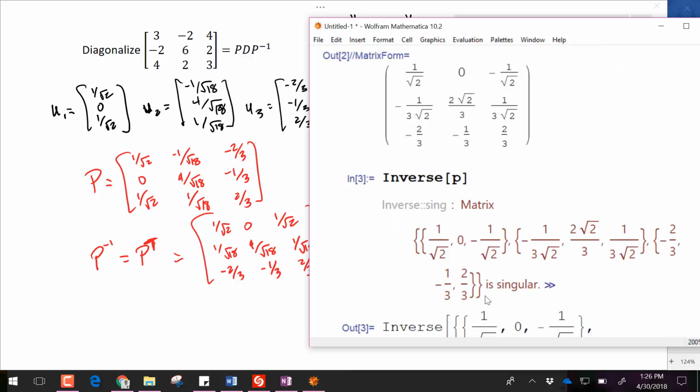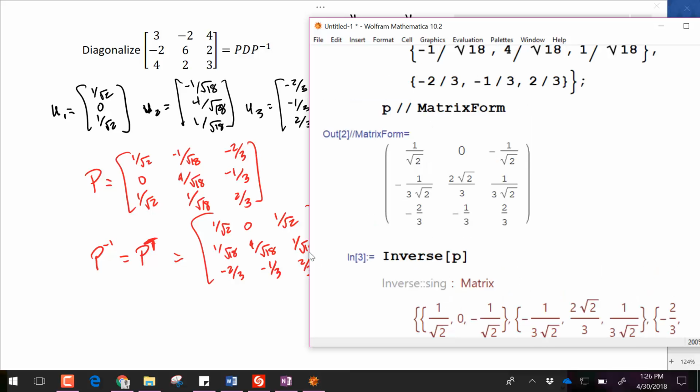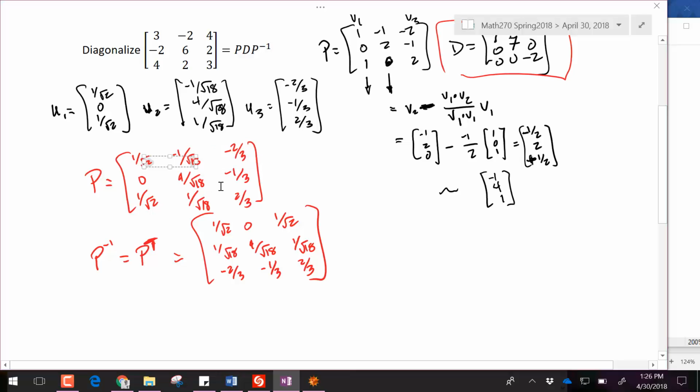So the inverse of P should be, it's not singular. I wanted P. I guess this is what I wanted.